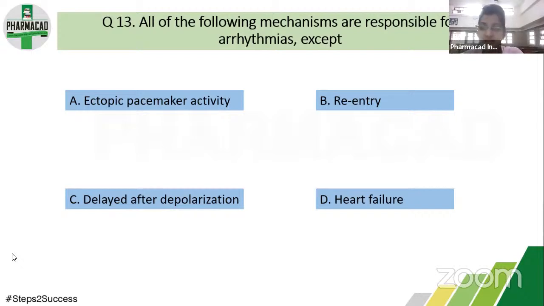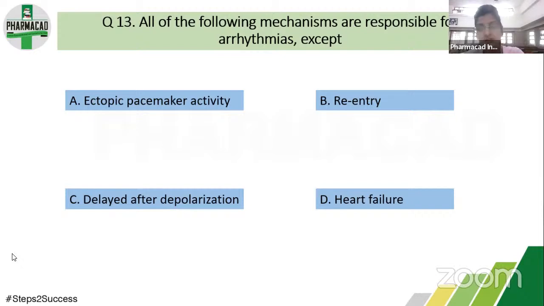The next reason is re-entry. So what is re-entry? Re-entry of impulse means that once an action potential or an impulse has been generated, it re-enters. Firstly, it enters your ventricles, goes to your atrium, and then it comes back again to the ventricle.